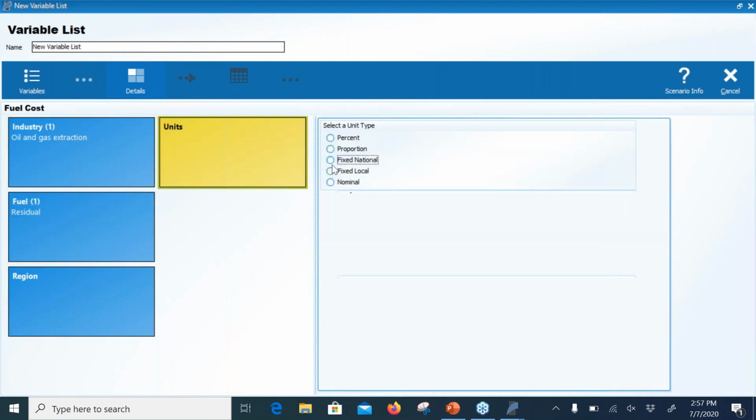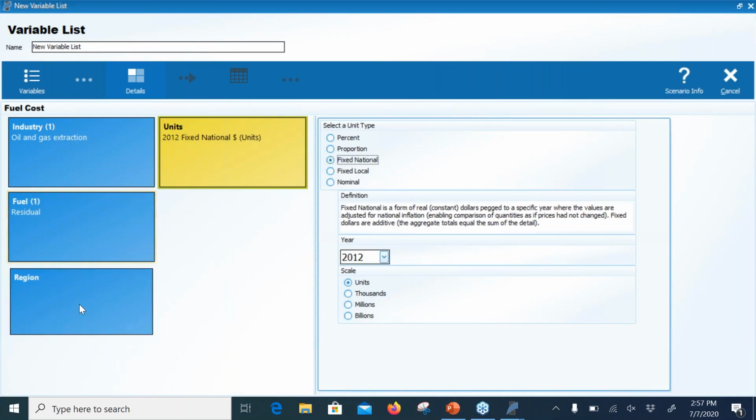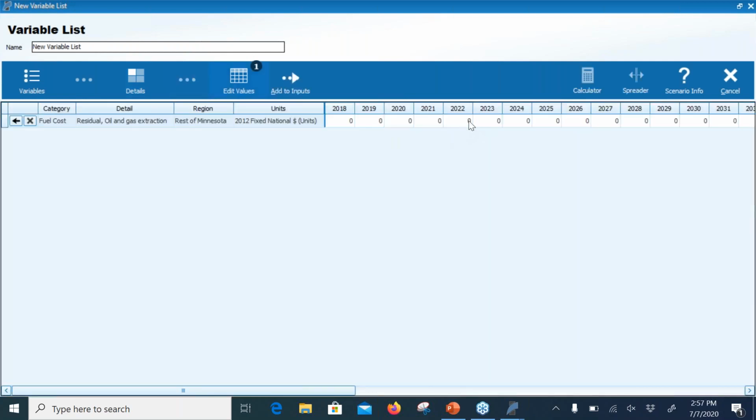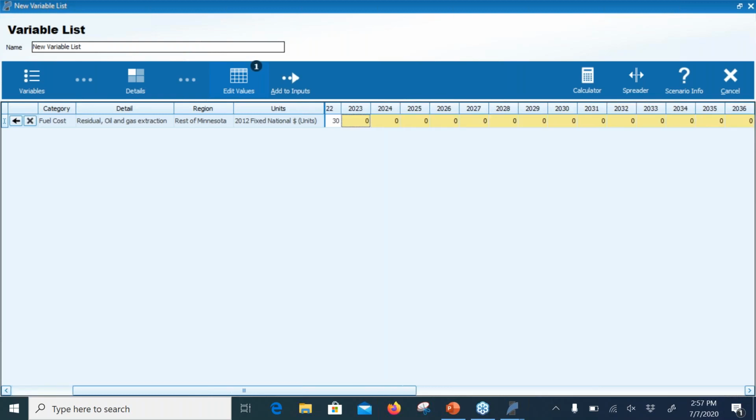We can do fixed national, or whatever region you want. And then you would just input 30, out to however long you would want to forecast for. So this would be one way of simulating the impact of the long-term oil price being $30 per barrel.